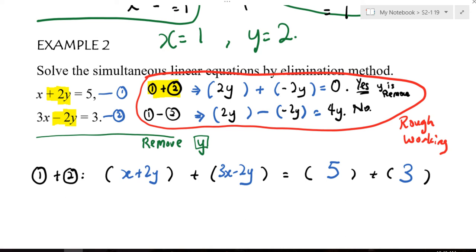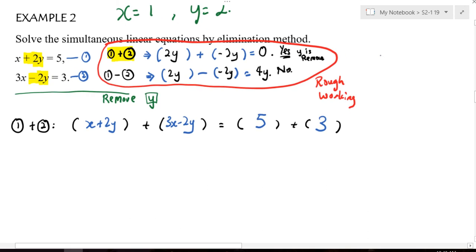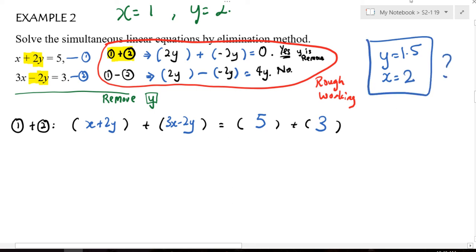Can. Y equals to 1.5. Can you check my answer? Y equals to 1.5. What's the value of x? 2. I'm not sure if this is correct. I pause the video here. Everyone, can I put dot here?